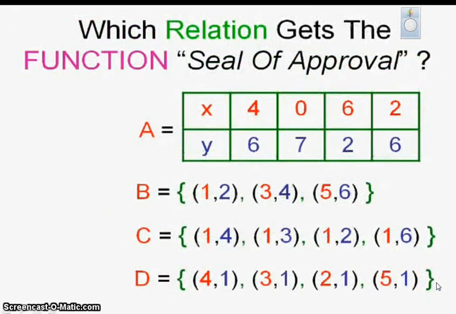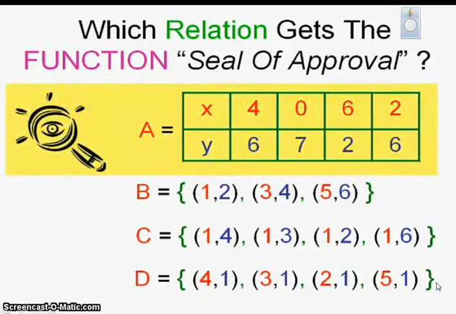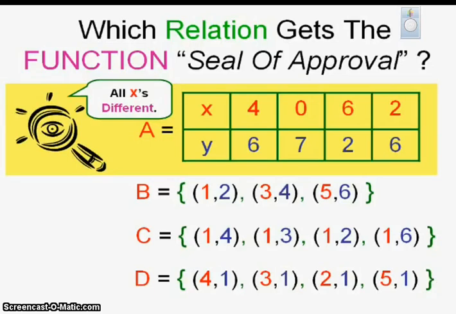For instance, relation A: is every x mapped to only one y? Or are all the x's different? And some of them they are. All the x's, 4, 0, 6, and 2, are all different. Now, two of them are mapped to the number 6. 4 is mapped to 6, and 2 is mapped to 6.